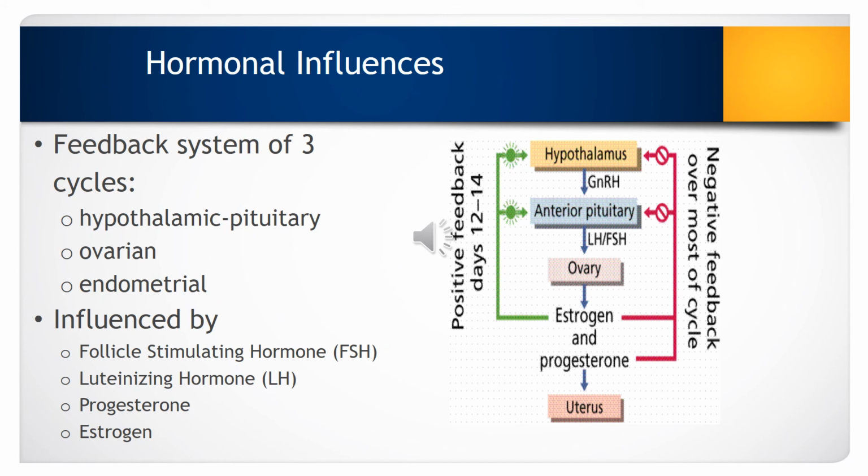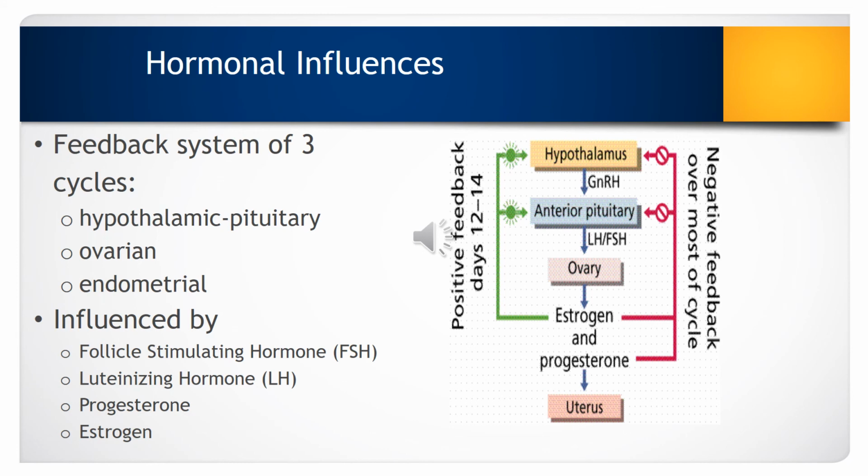The menstrual cycle is a system of negative and positive feedback involving the hypothalamus, the anterior pituitary gland, the ovaries, and the endometrial lining of the uterus.